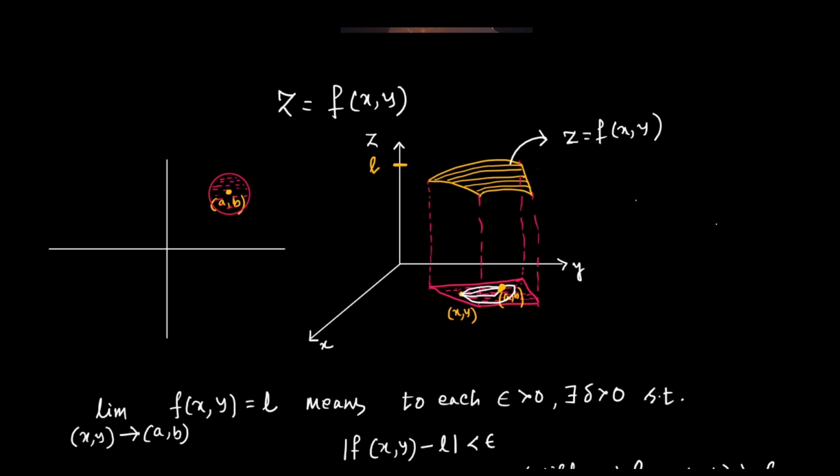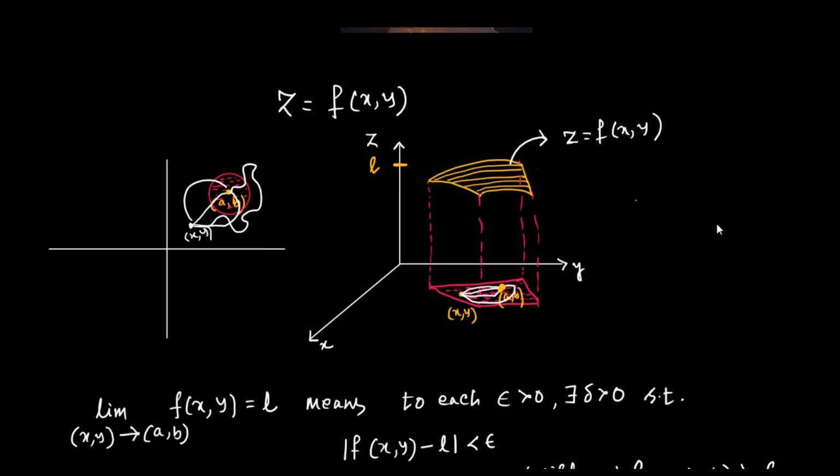It can approach (a, b) by any path, like this, like this, even something like this. In fact, there will be an infinite number of approach paths.